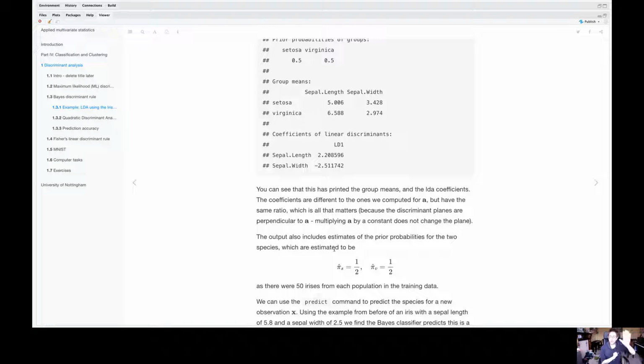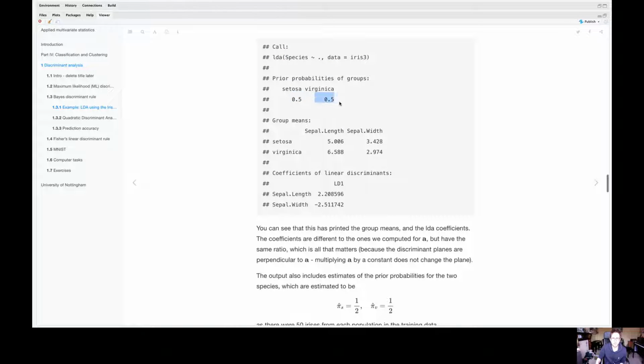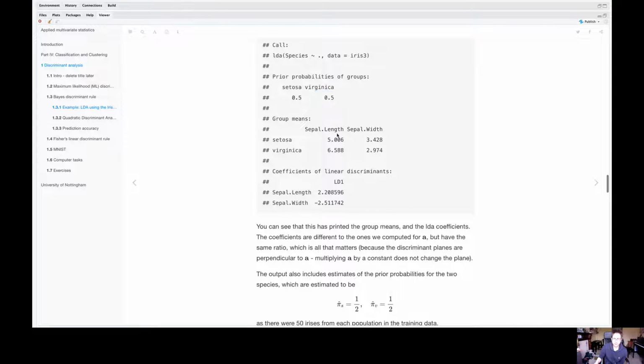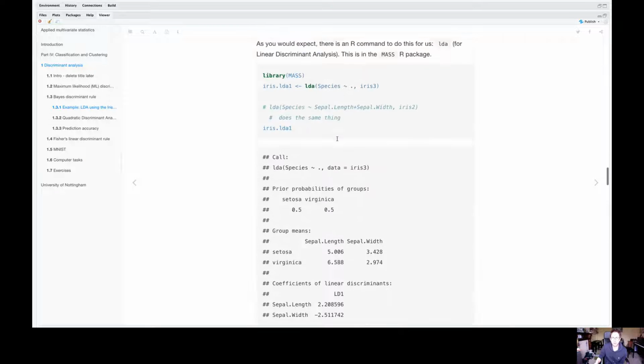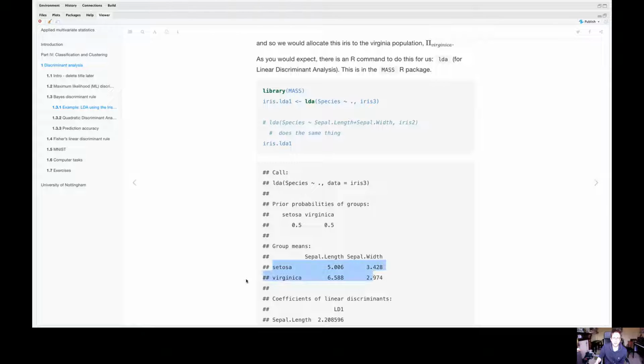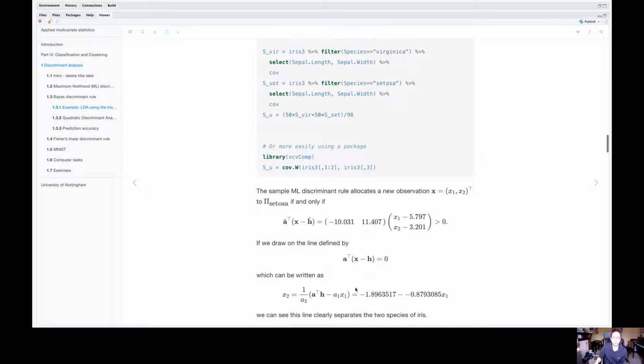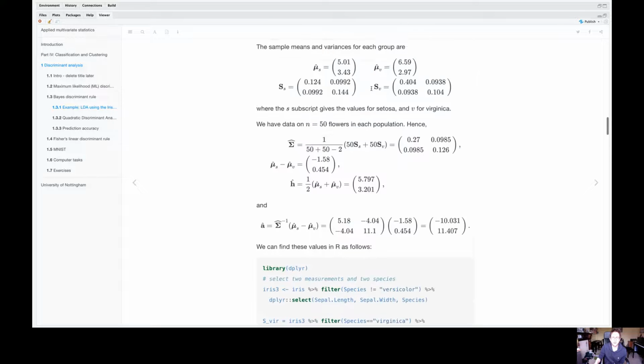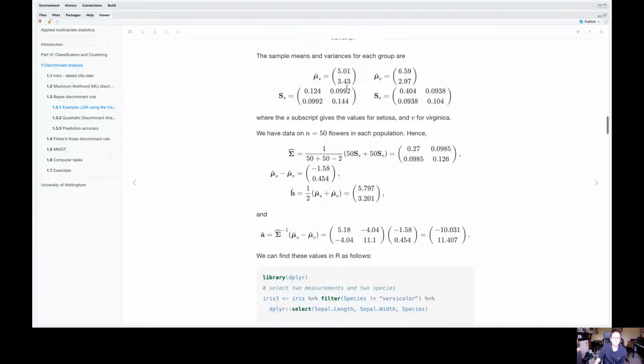In this example, we've got 50 flowers of each type, 100 in total, so our estimate is 50 over 100, a half. So we estimate both of these to be 0.5, 0.5. Then it gives us the group means. For Setosa and Virginica, they're the same as we computed before, I hope.